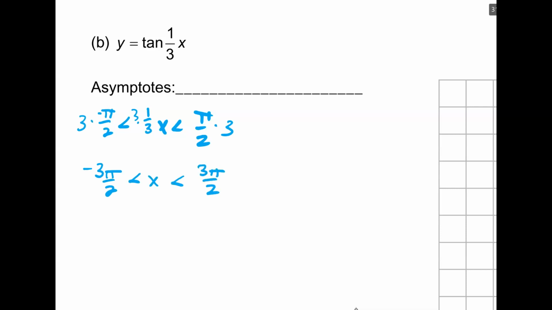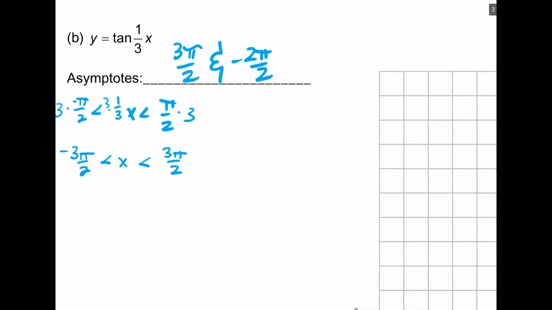So notice what we're doing is now we're stretching it out horizontally. Before it was only negative 90 to 90. Now it's negative 270 to 270. It's much wider. But you're not really going to see that on our graph because of the way we space out our axes. Three pi over 2 and negative 3 pi over 2.